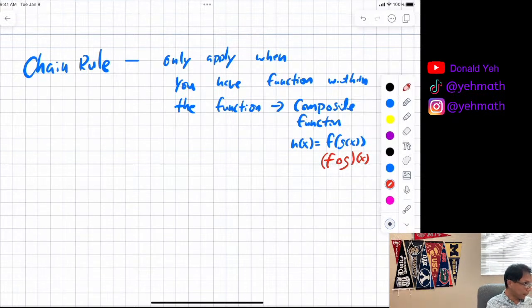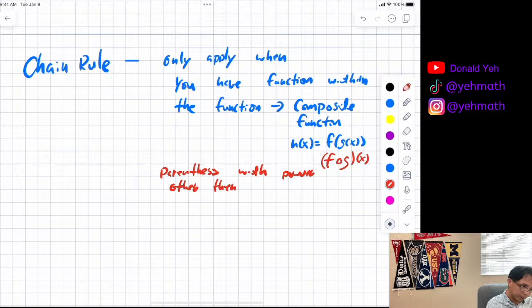Now, as a standard, when I see a parenthesis with a power other than 1, for example 2x plus 1 to the first power, you don't have to do anything.